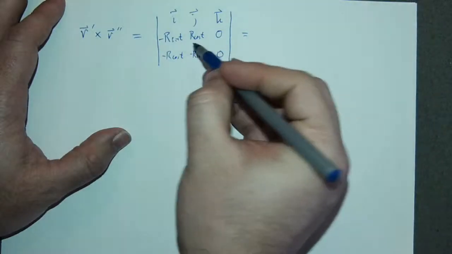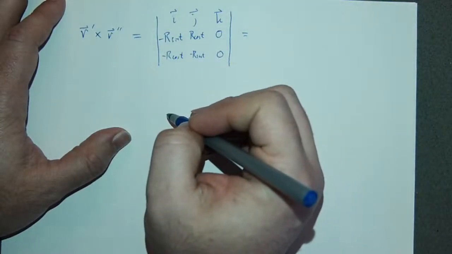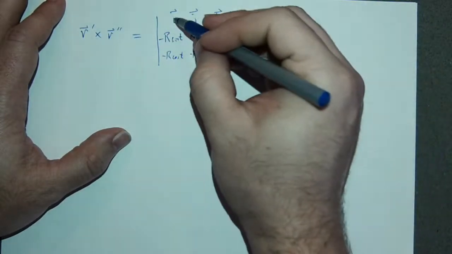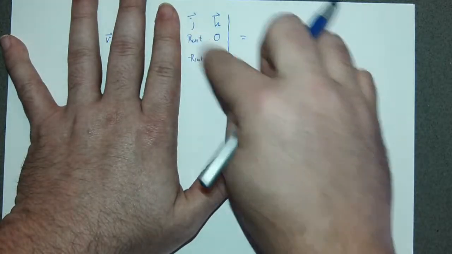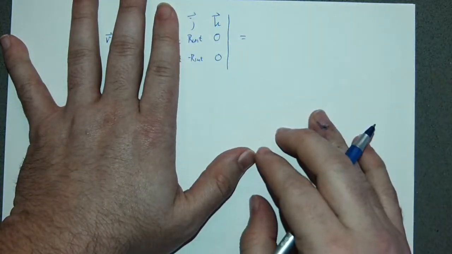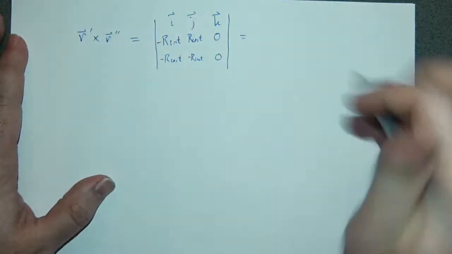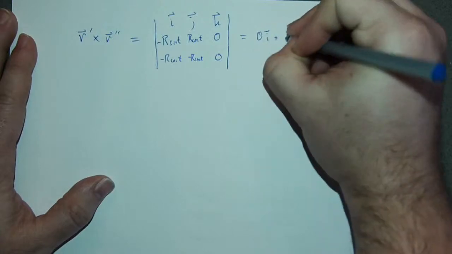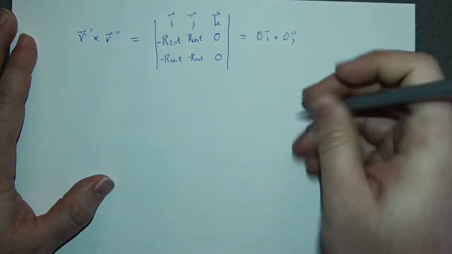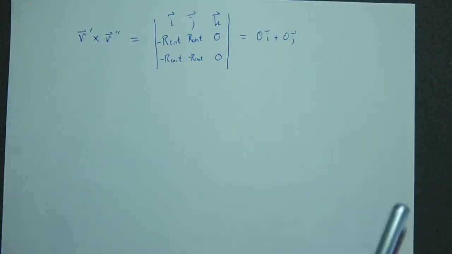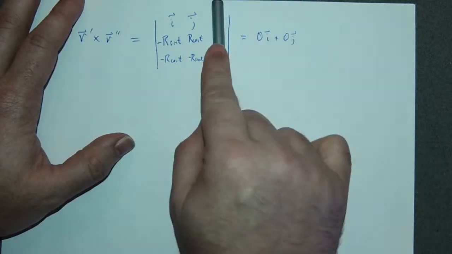This makes my life easy in one sense, because for the i and j slots, I'm going to have 0 minus 0 and 0 minus 0. So this is going to be 0i plus 0j. So the only slot that's not going to be 0 just on its face is the k slot.